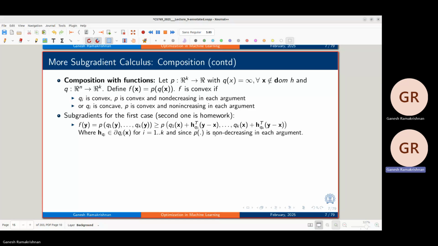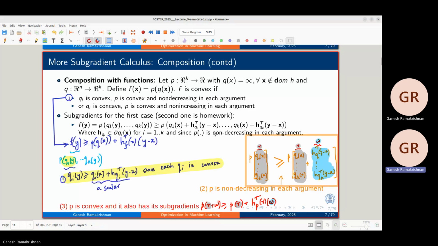In the interest of time, I've written this here, exactly what you said. I've given it a name also, since sometimes it's easier. You're seeing a lot of complexity there, so just give it a new name. The entire Q1x to QKx, I've given a new name, R. So P of R is greater than or equal to P of R plus the second part.